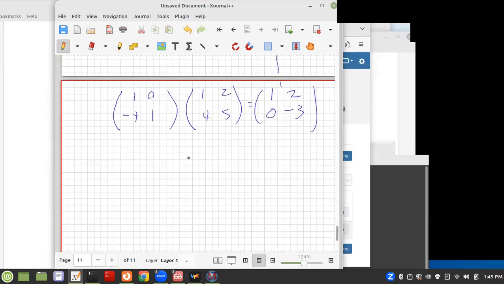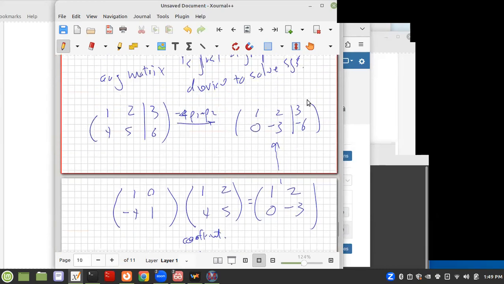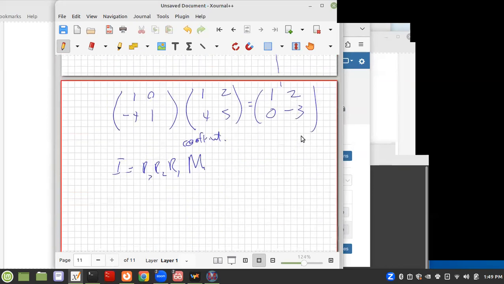When we took the M's here earlier, this was just the coefficient matrix, right? So when I do this equals 1, I've left behind the 3 and the -6, right?